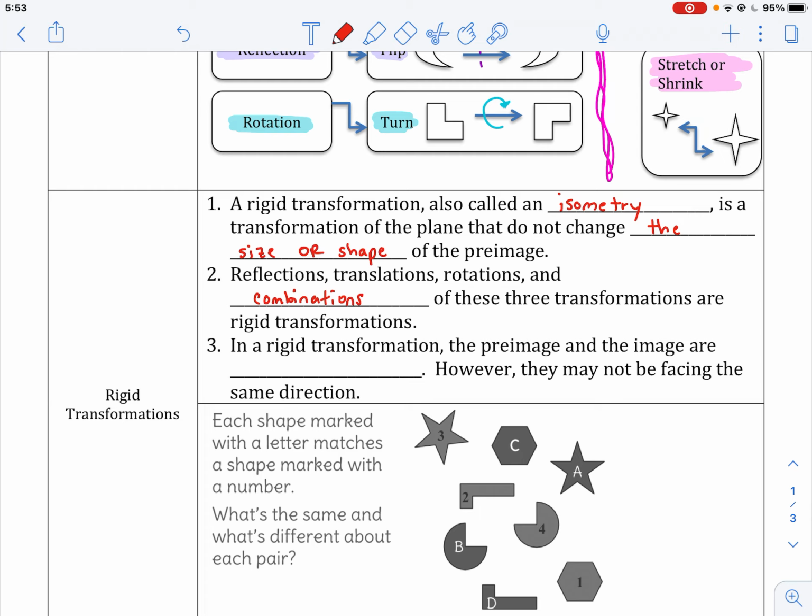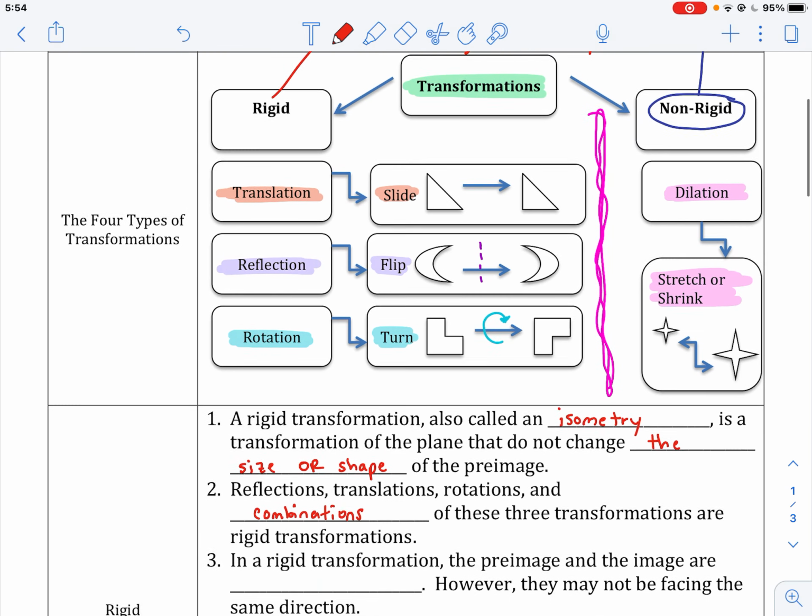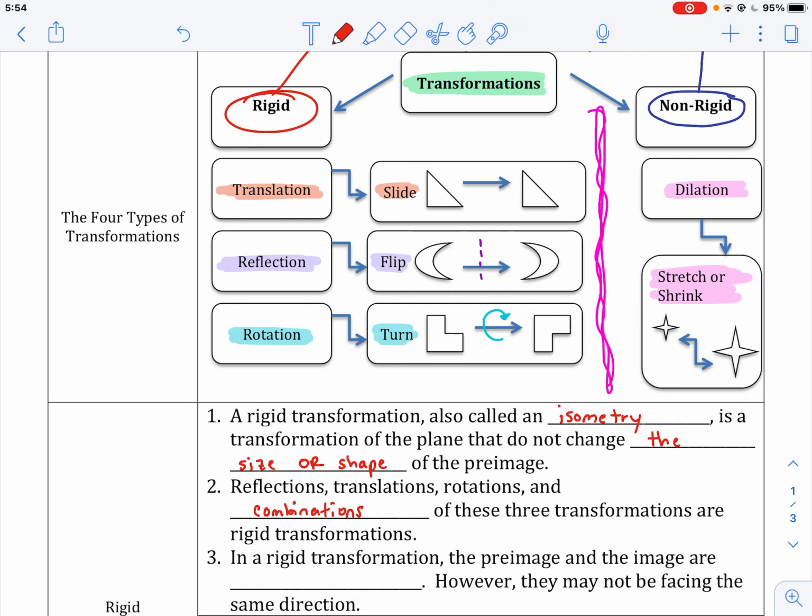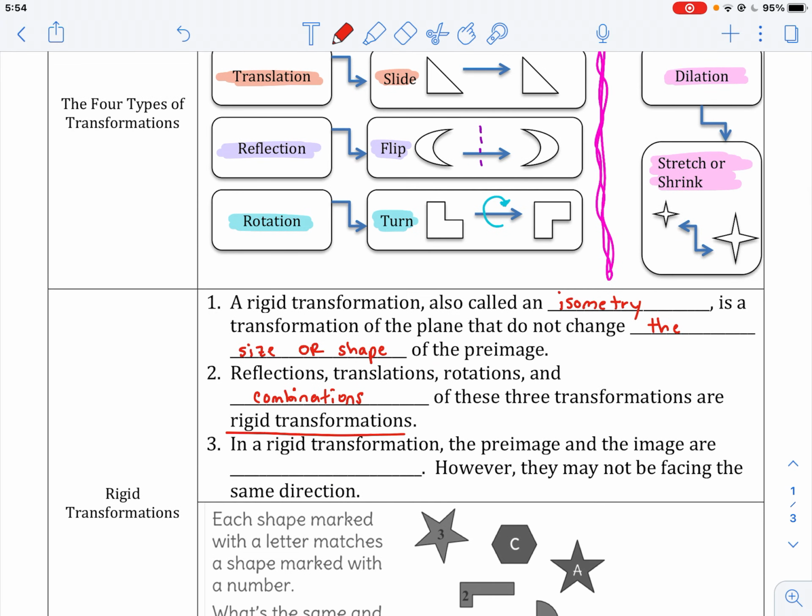So you could do a reflection and then a translation and then a rotation, or a rotation and then a translation, or a reflection and then a rotation. Any combination of those 3, as long as you only have those 3 types, you're still dealing with a rigid transformation.